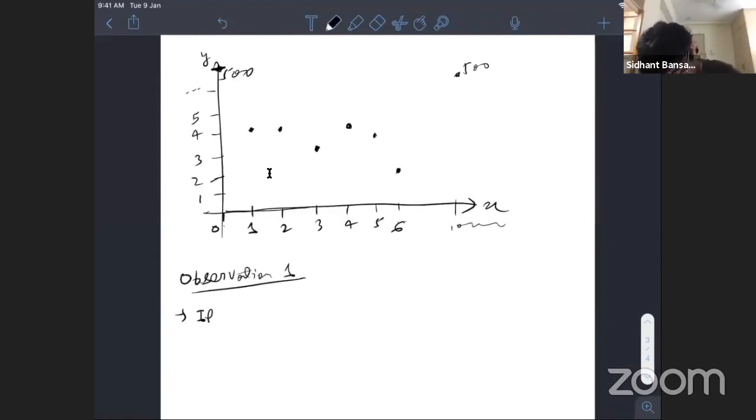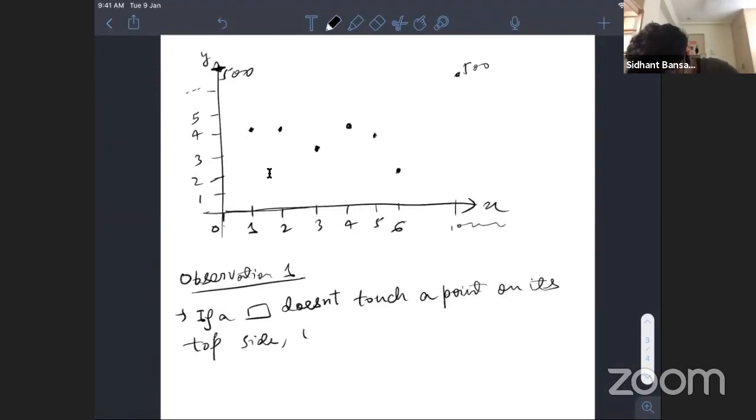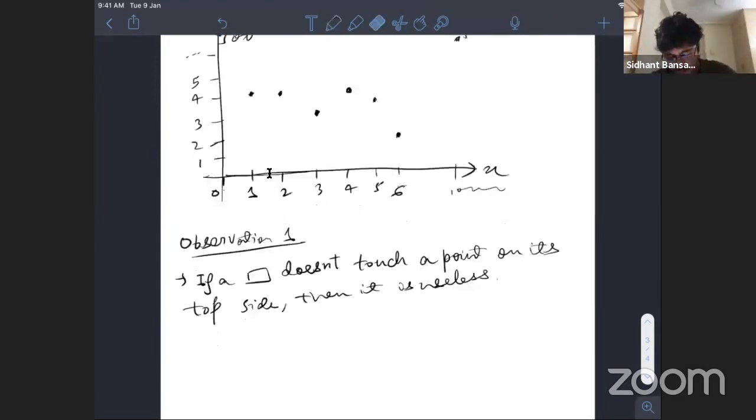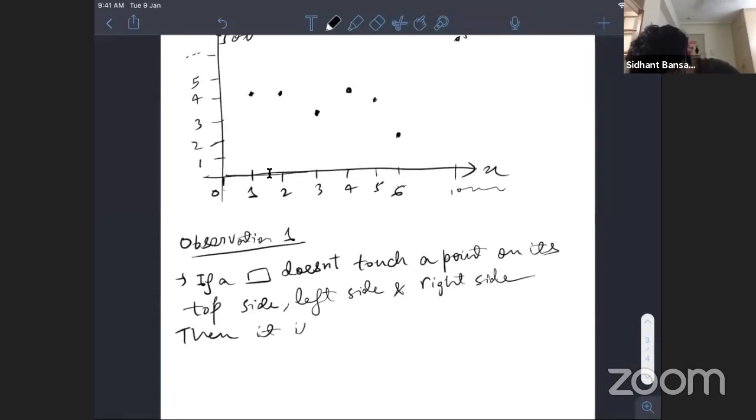If a rectangle doesn't touch a point on its top side, left side, and right side, then it is useless. Okay, now this is our observation.